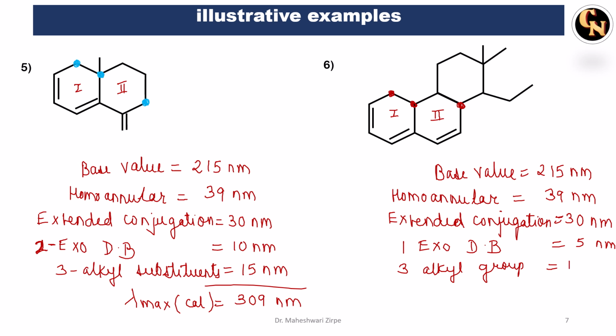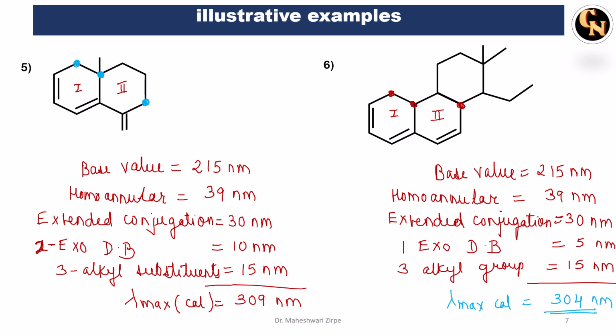So 3 5s are 15 nanometers. So just add them up. 215 plus 39 plus 15 plus 5. So at last lambda max value calculated comes out to be 304 nanometer.